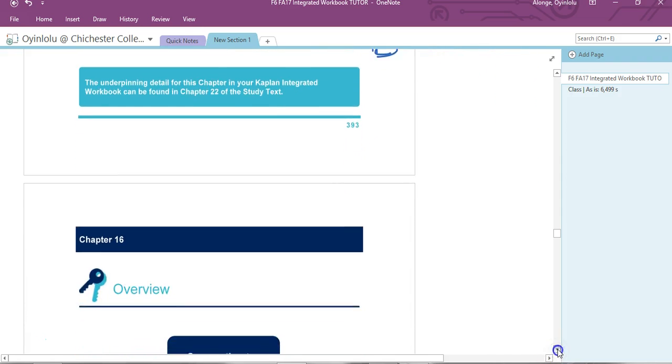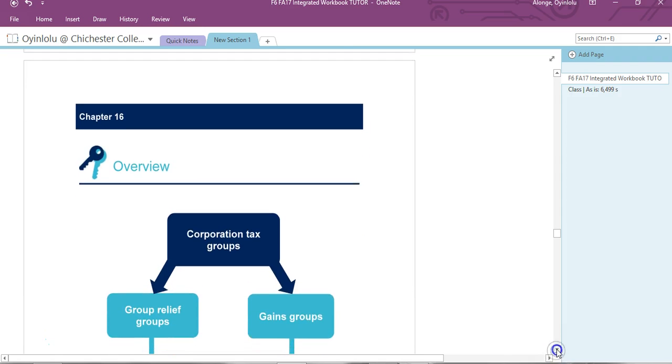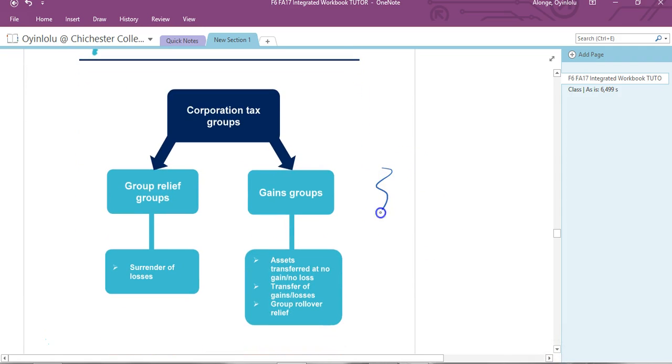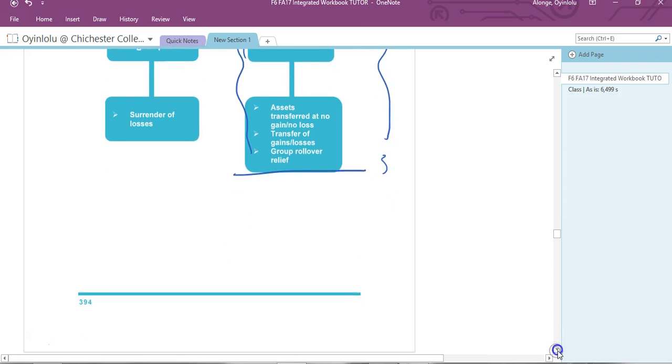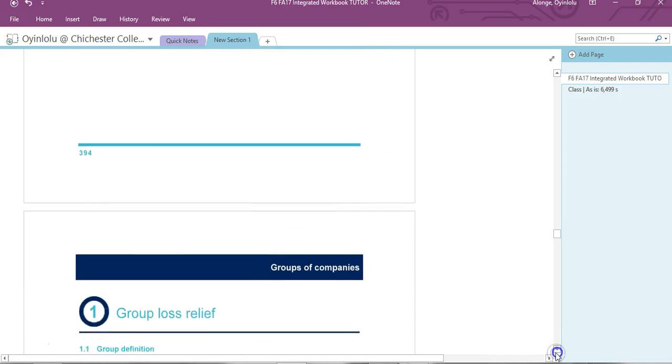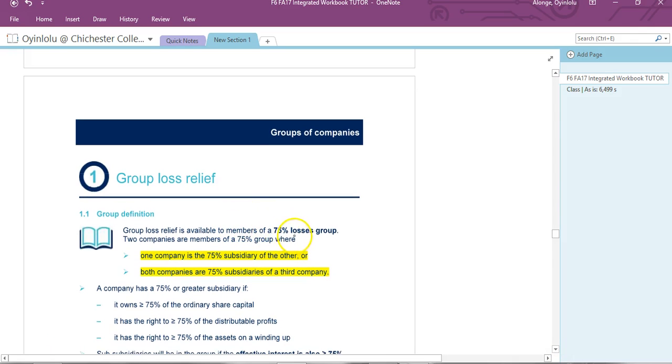We start off saying that we're not talking about gain groups today, because our next topic is chargeable gains. We're just trying to finish off the company. So here, group loss relief is available to members of the 75% group.